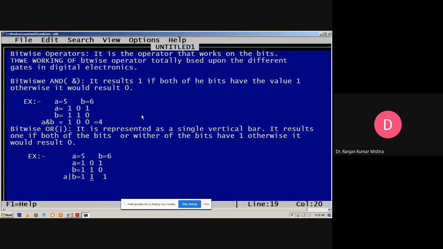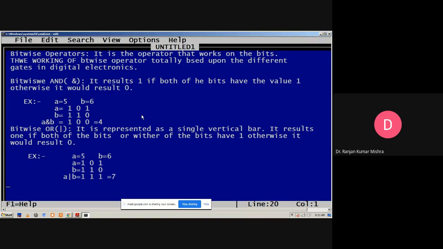So what will be the output? We have to convert the result available in binary, that means bits, into decimal. So 4, 2 and 1, that is 7. So the output of a OR b equals 7. Clear?